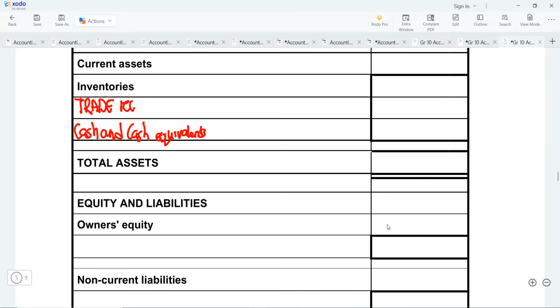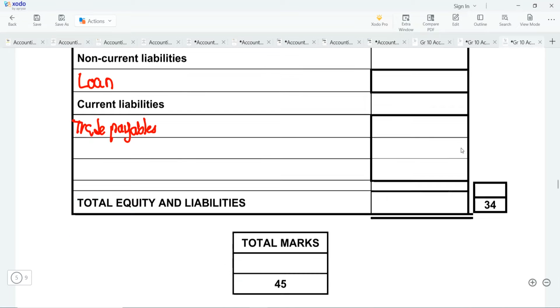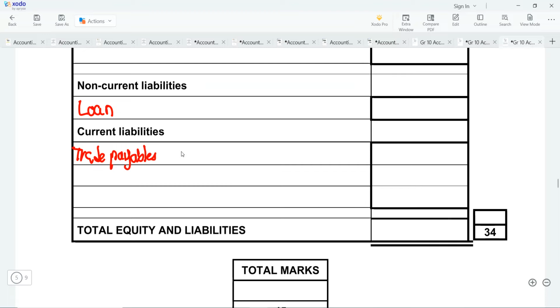Under equity, remember, we're going to do our calculations here and put the total here. Under non-current liabilities, we'll normally have a mortgage loan, and then under current liabilities we would have our trade payables. So we're going to have trade payables here, and remember, we are also going to have our current portion of the loan here.